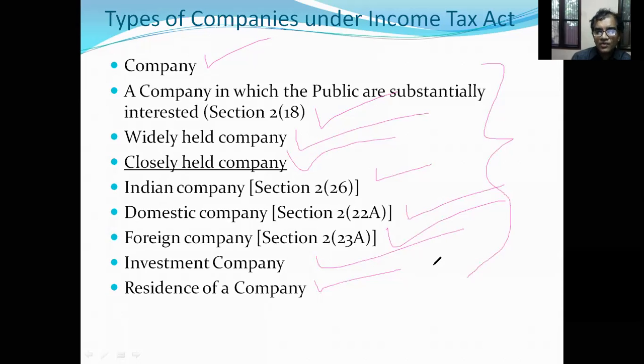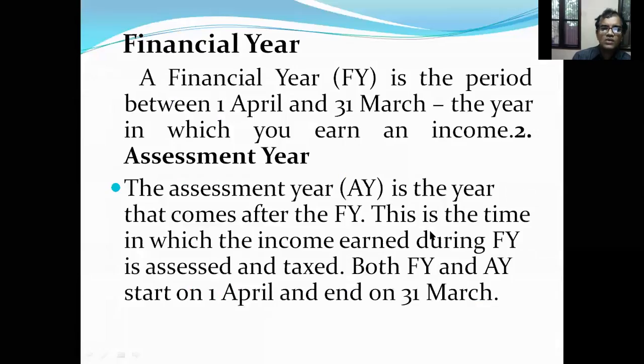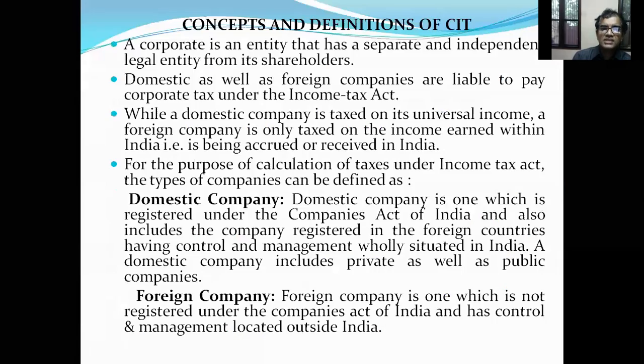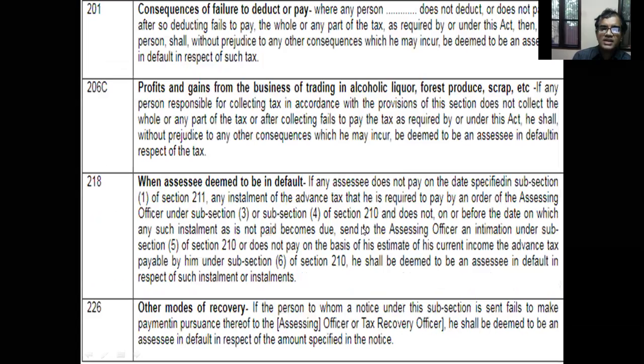I hope you understood. Dear students, dear friends, what have we learned today? We have learned about various concepts of corporate income tax: domestic company, foreign company, assessee, deemed assessee, assessee in default, and the punishments.